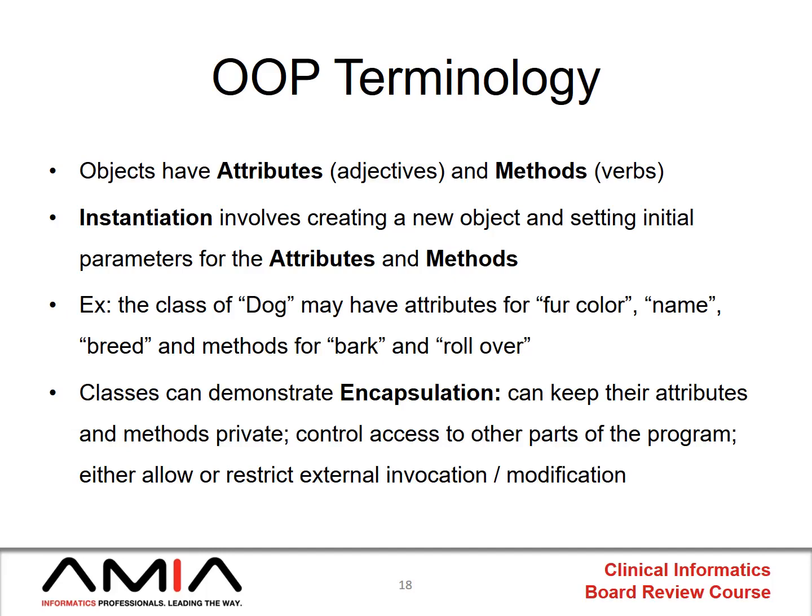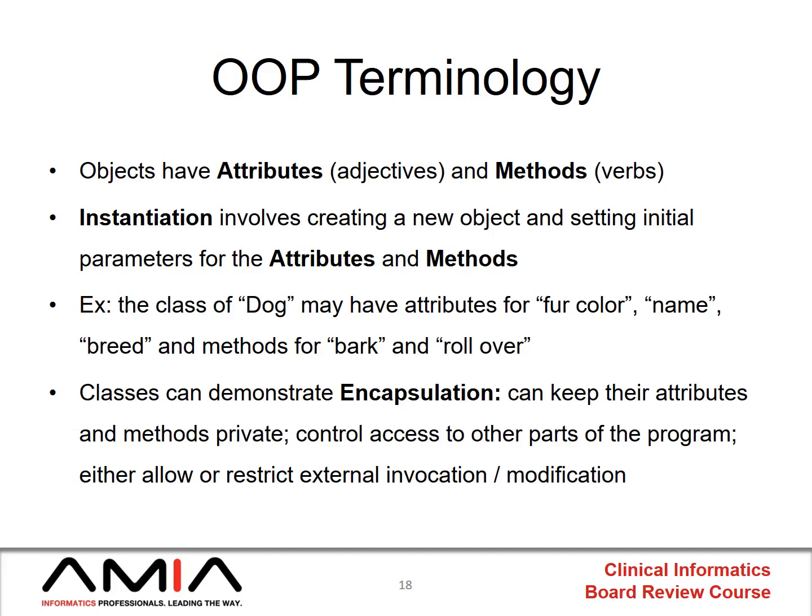And as I mentioned before, imagine we have this class of dog, and then it has attributes for fur color and name and breed, and it might have methods for barking and rolling over. And when I create the instance of the class, I can actually populate the fur color with a specific color. I can populate the name with a specific name and the breed with a specific breed, and so on.